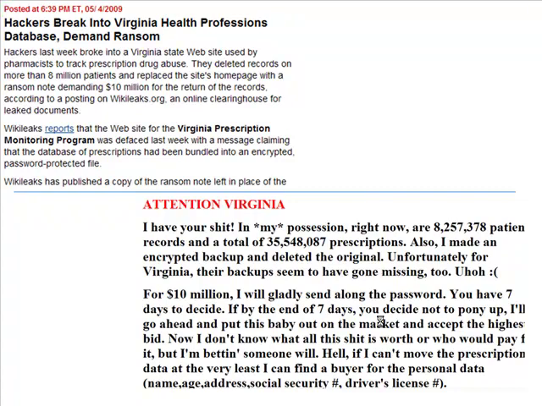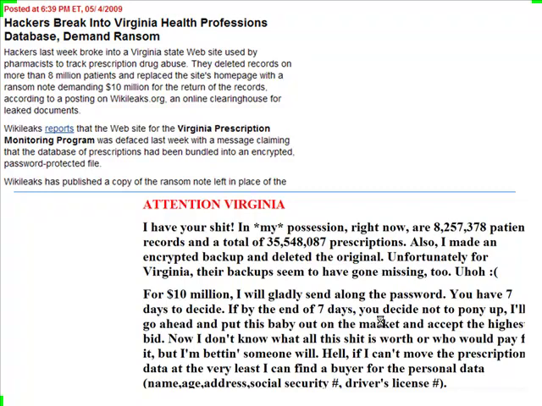I have your data in my possession on 8,257,000 patients, and I think the request was for $10 million. So actually, the ransom note was the front page of the website. So whoever did this was able to break in and allegedly get all of the data, or download the data on that many patients, and was extorting the state to return that data or to destroy that data.